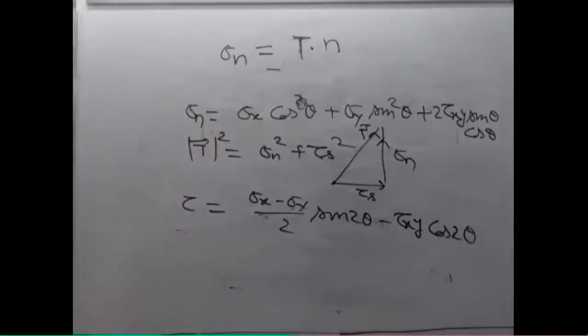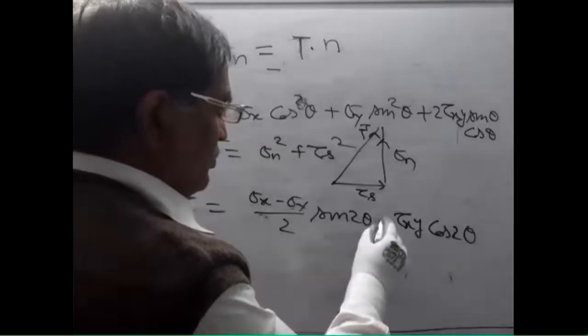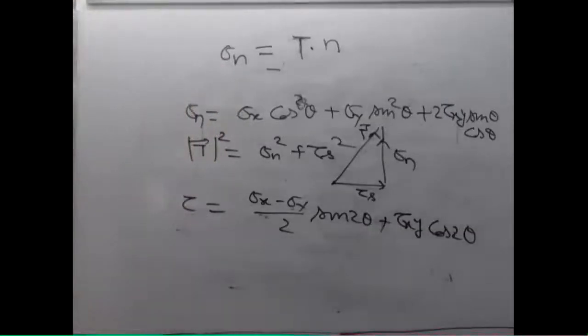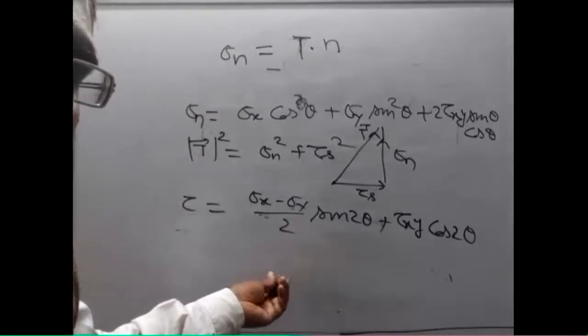Cos 2 theta, will it be minus or plus? Anybody can verify? If theta is equal to 0, I think it should be positive.